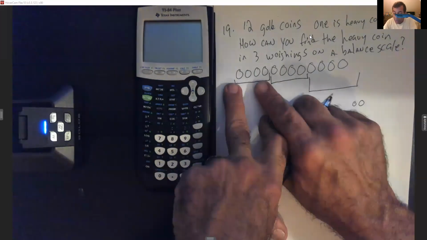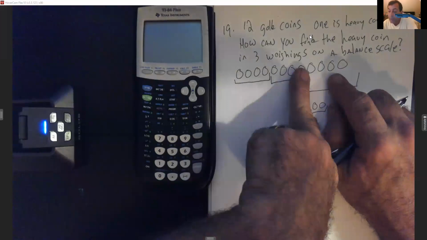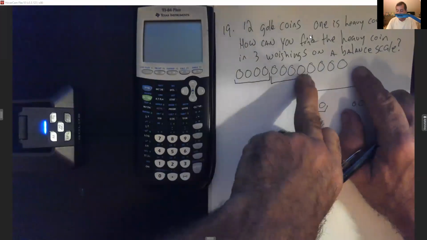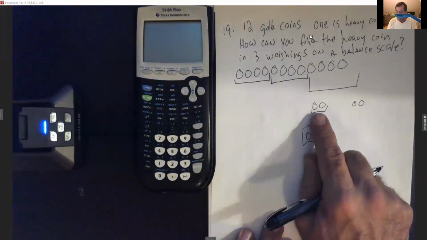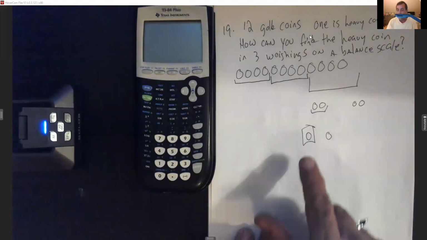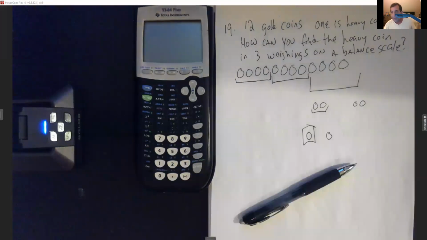If these were equal, I knew they were all good, so I eliminated all of them and focused on these, because the heavy one had to be in these 4. And then we just break it down, y'all. Once you got 4 out of either method, 4 turns into 2, and those 2 turned into 1 on that last reading.